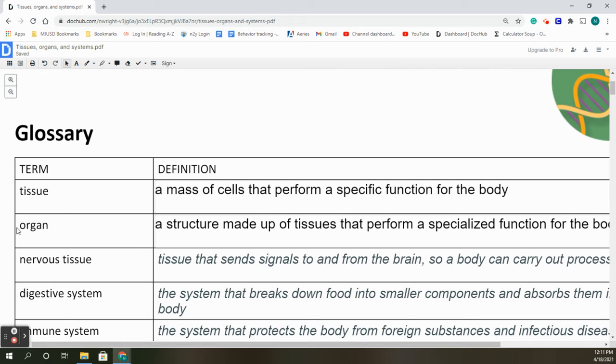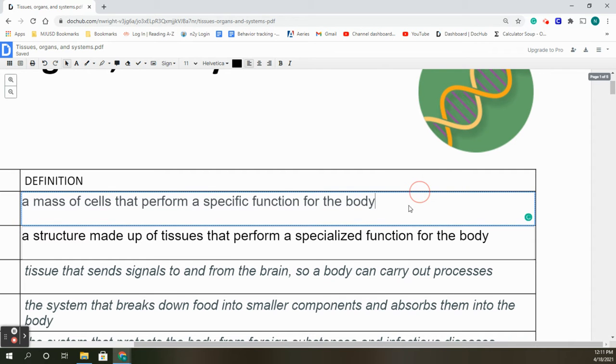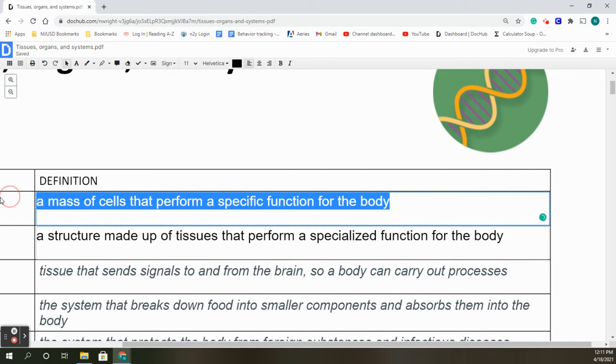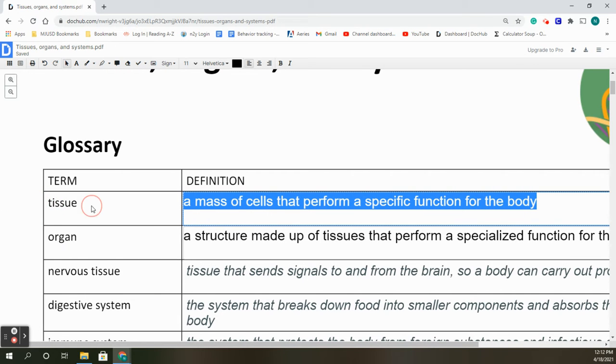So, we've got the glossary. The glossary is also found under the class resources drive, but here it is. Glossary, term, tissue, a mass of cells that perform a specific function in the body. Tissue.